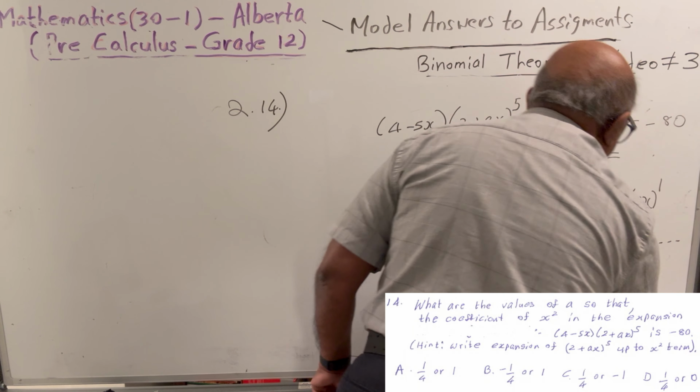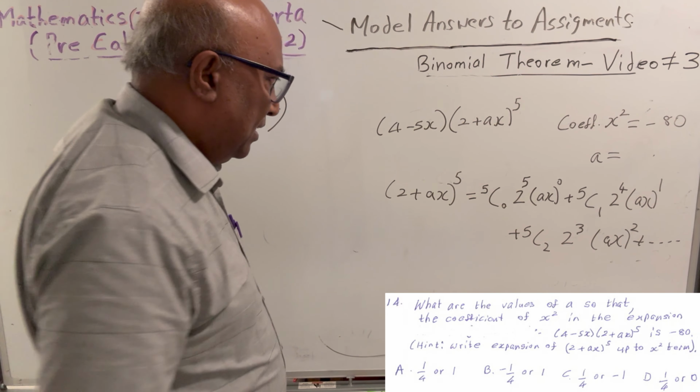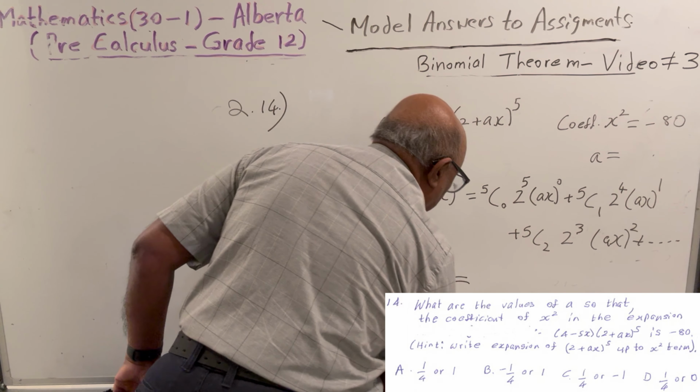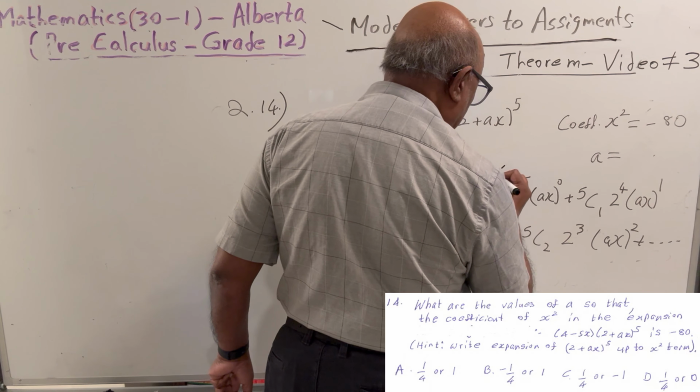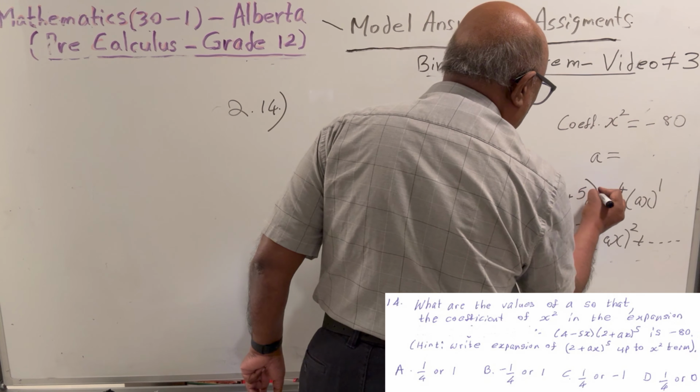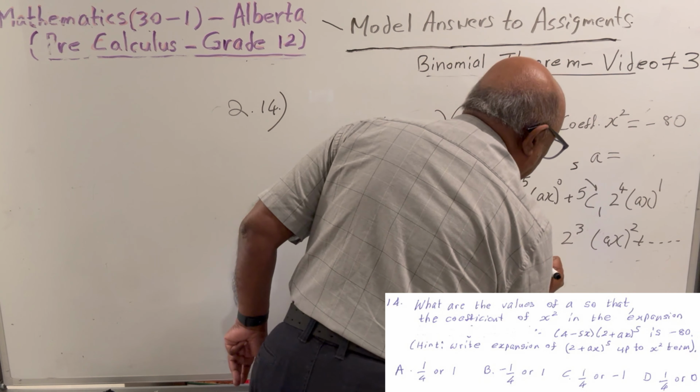We have to write up to here only. Let's see, there should be a meaning. Let's simplify this. 5C0 is 1, this is 5, this is 10, okay?